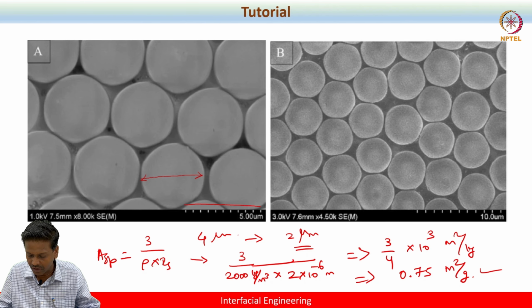In this way, you can calculate the specific surface area of a given particle. We've done a similar problem in our module 1, for different geometry. This is based on the scanning electron microscopic images. So here we ask the question: can we calculate the specific surface area in this case? We'll stop here and continue from the next lecture.